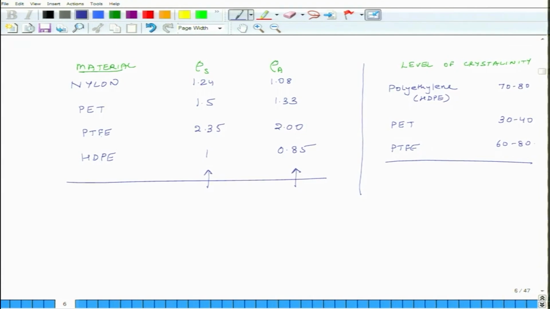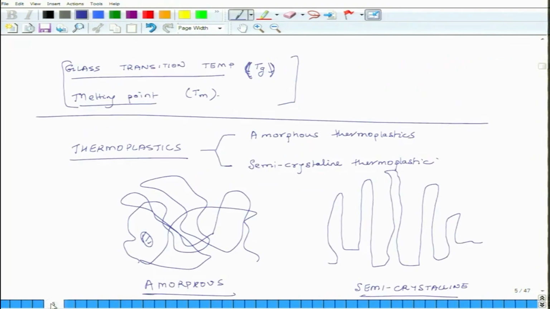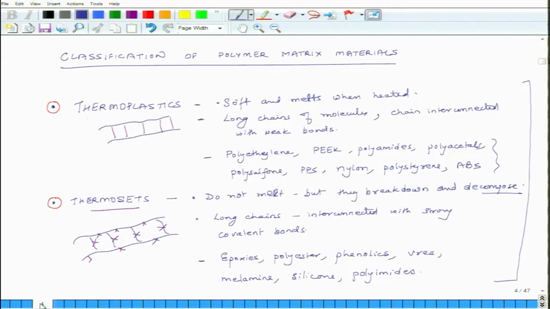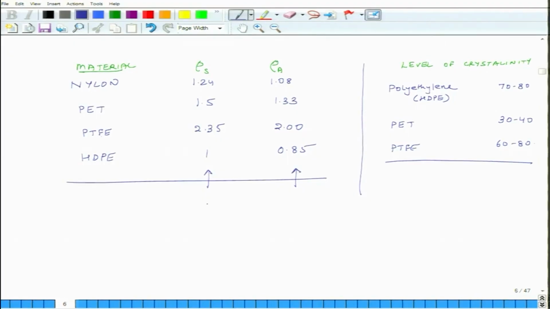So, again, we can have thermoplastics and we can have thermosets, and thermoplastics we can break further into semi-crystalline or amorphous versions. Semi-crystalline versions have higher density, chemical structure is same, amorphous versions have lower density.